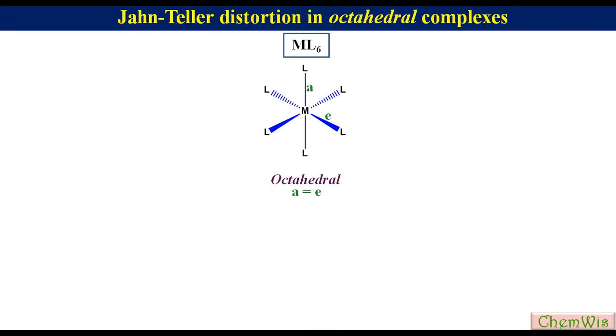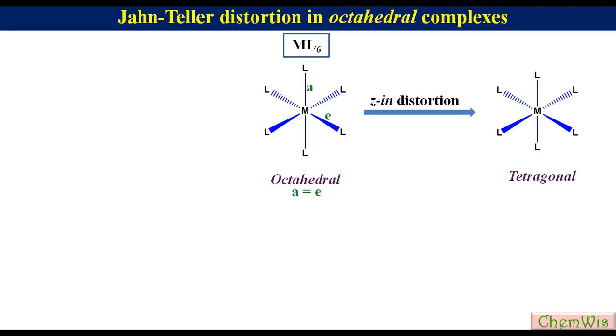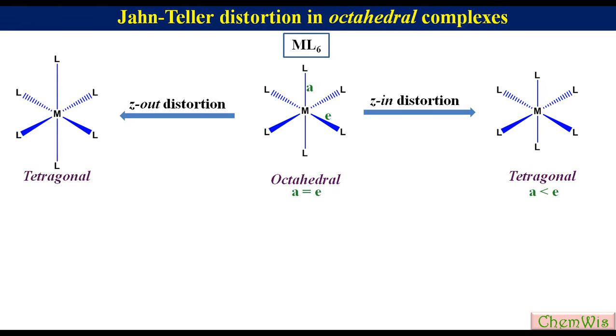If we compress the axial ligands along the z-axis like this, called Z-in distortion, it would give this tetragonal structure, where A is shorter than E. Similarly, if we elongate the axial ligands along the z-axis like this, called Z-out distortion, it would give a tetragonal structure like this, where axial bonds are longer than equatorial.